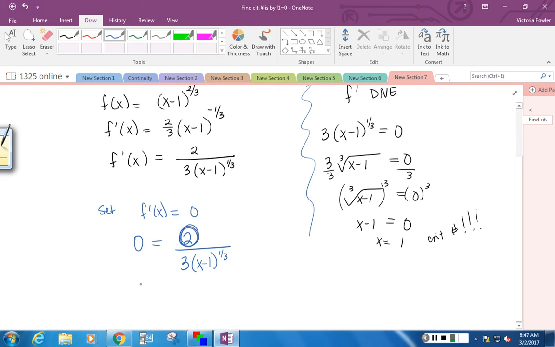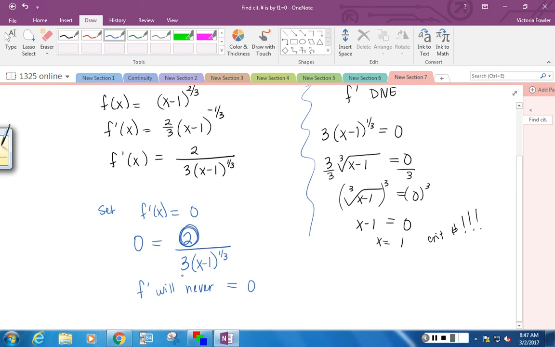And so f prime will never equal 0. So I don't actually get a critical number from taking the derivative and setting it equal to 0, because it will never equal 0. And maybe pause and think about that for a few minutes. But 2 divided by anything is just going to be a fraction.